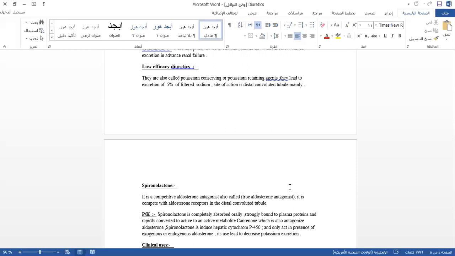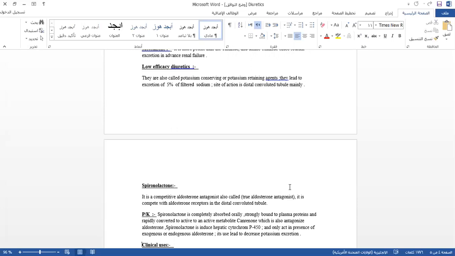Aldosterone is a hormone secreted from the adrenal cortex, as you know, in response to hypovolemic shock or hyponatremia. The site of its action is the distal convoluted tubule. If the body needs sodium, there is reabsorption of sodium from the distal convoluted tubule in exchange for excretion of potassium and hydrogen ion.